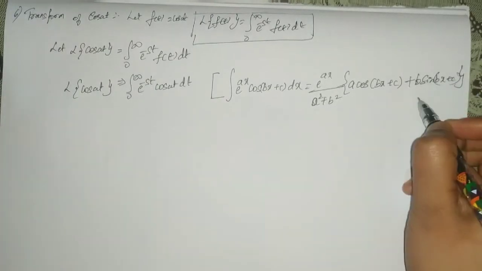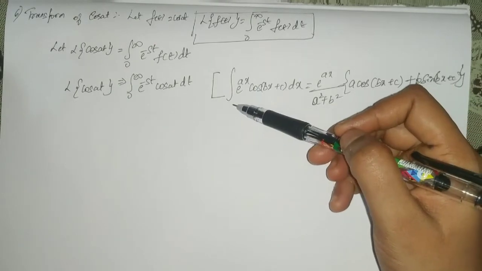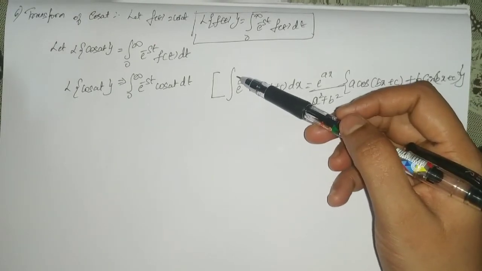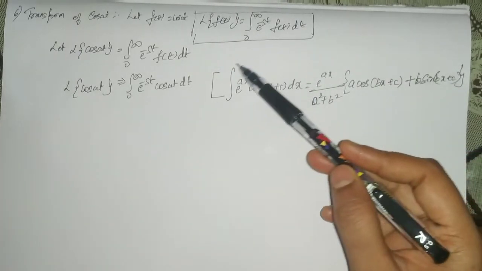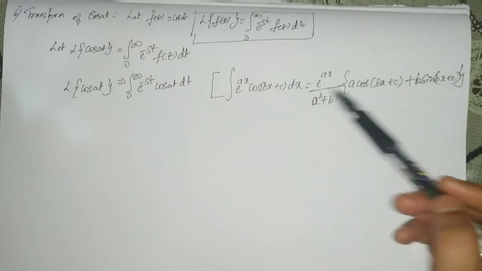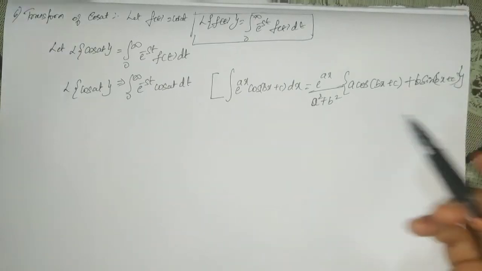Make sure this formula is only for the integral without the limits. Here we need it with the limits. The entire integration of this exponential into cos has been derived, so directly take the limit from 0 to infinity.